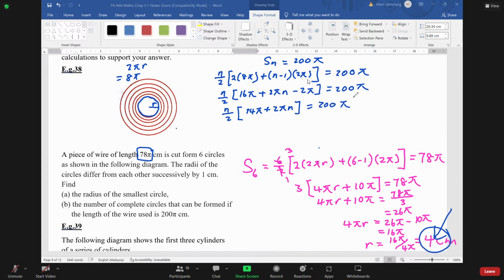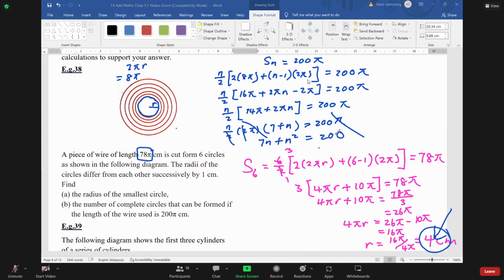So factorize, we can take out 2 pi, left with 7 plus n, so 2 pi times (7 plus n) equals 200 pi. The pi cancels, left with 7n plus n square equals 200.